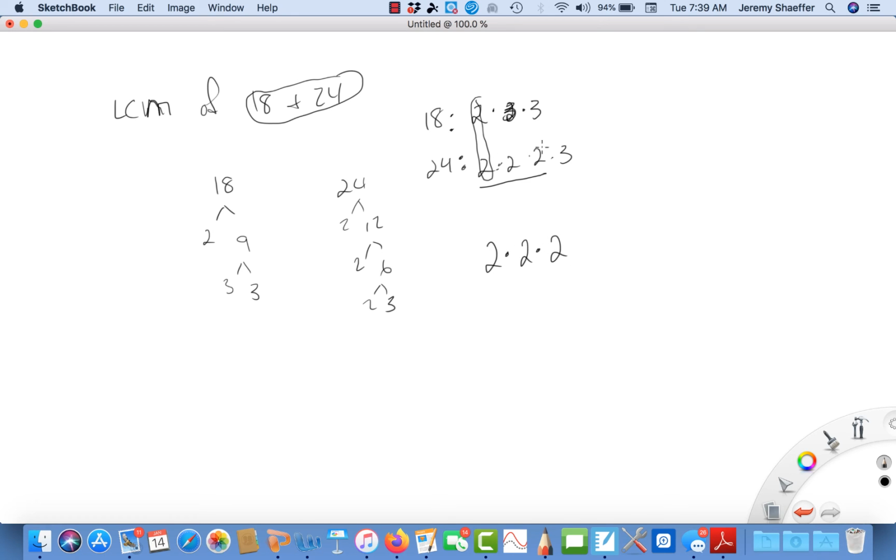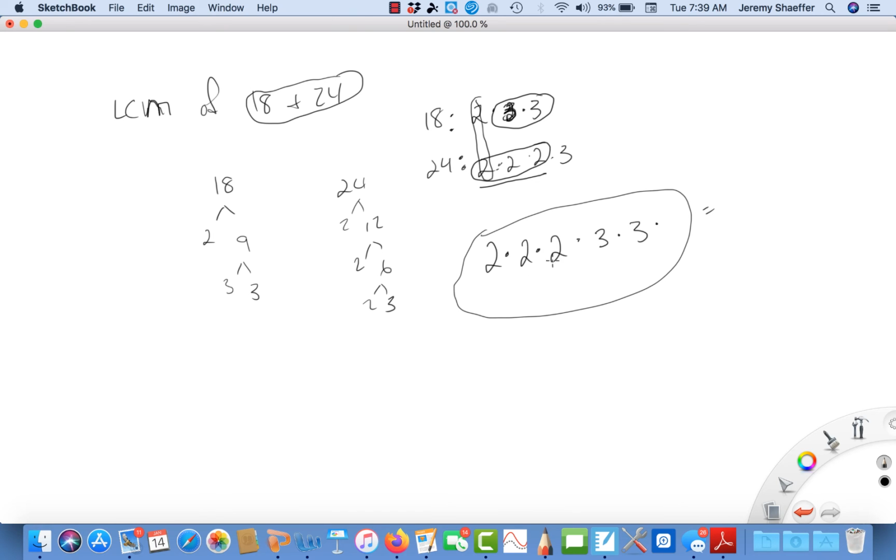In other words, we're going to take the amount that has the most in it. And you'll notice that 18 up here has two 3s. So we're going to take times 3 times 3. Now, when you multiply that out, you will get the least common multiple.